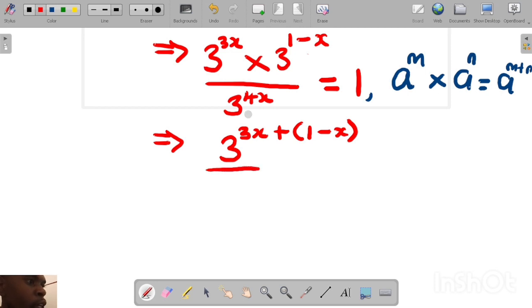Over 3 raised to the power 4x is equal to 1. So we can expand the brackets.